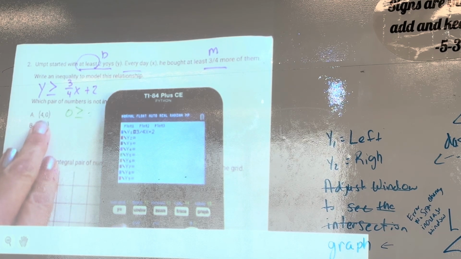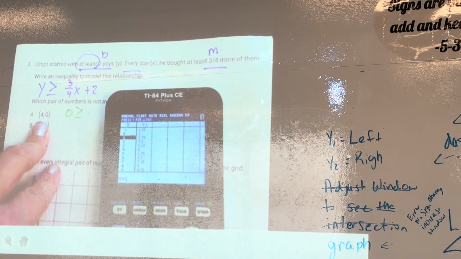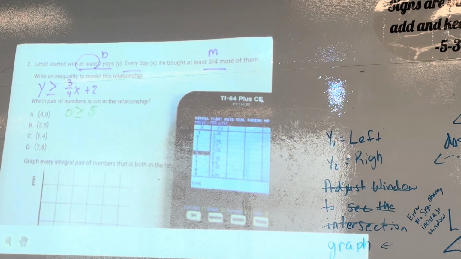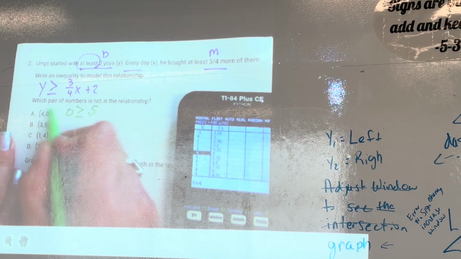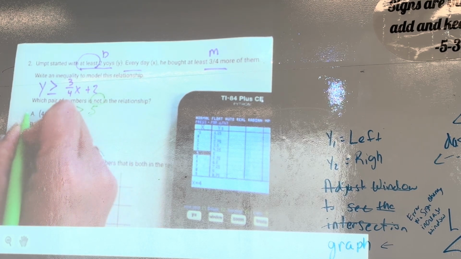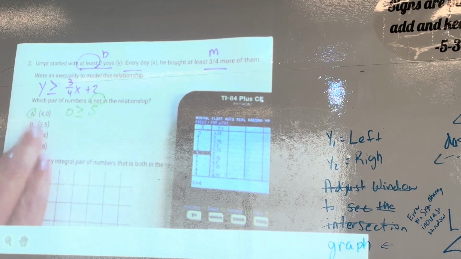So I'm going to go to the second graph, our table. When x equals 4, y equals what? 5. So is 0 greater than 5? No. We're looking for a pair of numbers that's not, so since this answer is no, that is our answer.